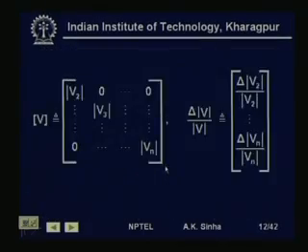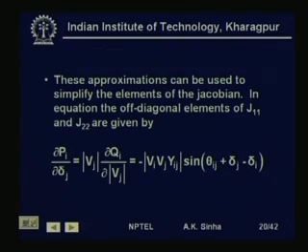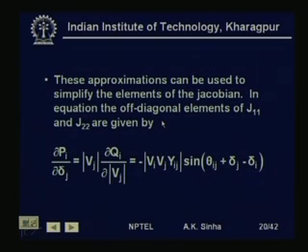Let me go back and see this from another equation. Now, if we see this term for Q_i, it will be V_i V_j into Y_ij sin(theta_ij plus delta_j minus delta_i).